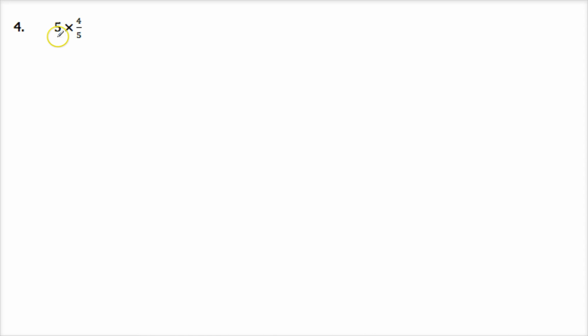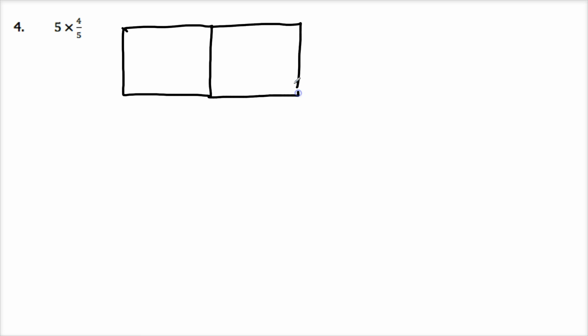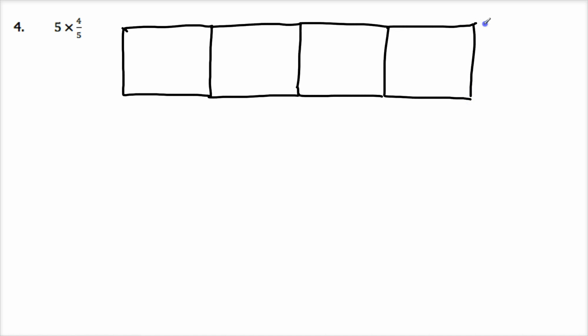Okay, number 4. I have 5 times 4/5, so my whole number is 5. I'm going to make 5 wholes. And then divide each of those into fifths, because my fraction has a denominator of 5.